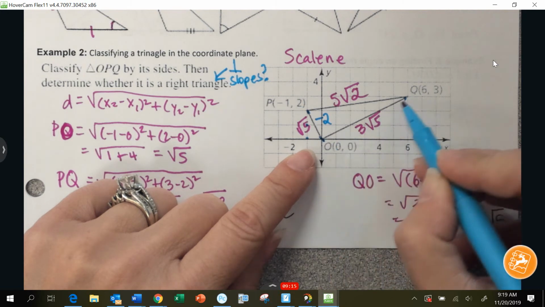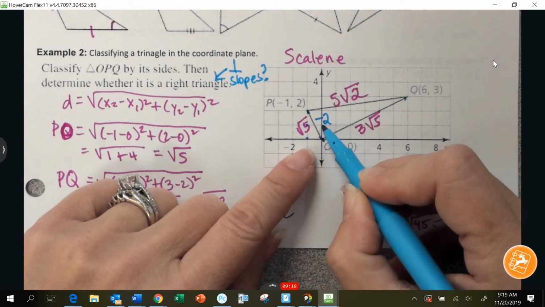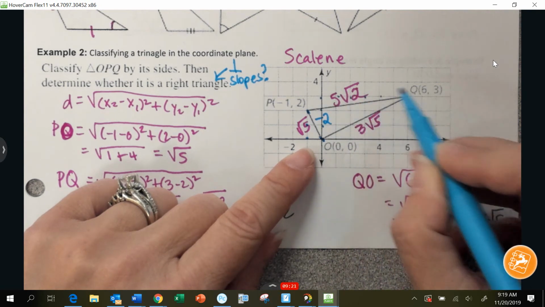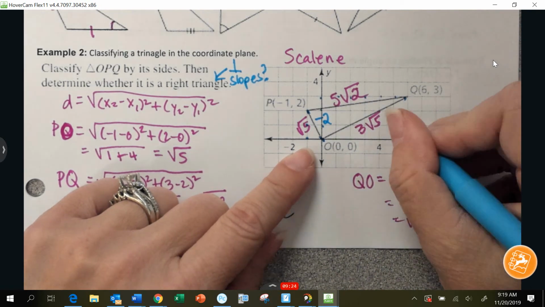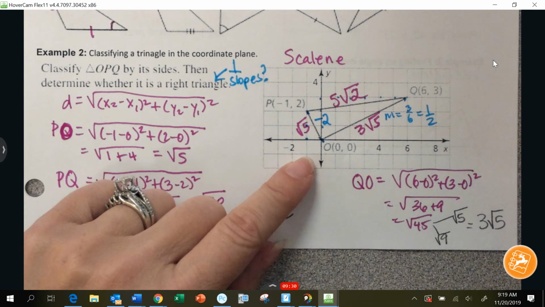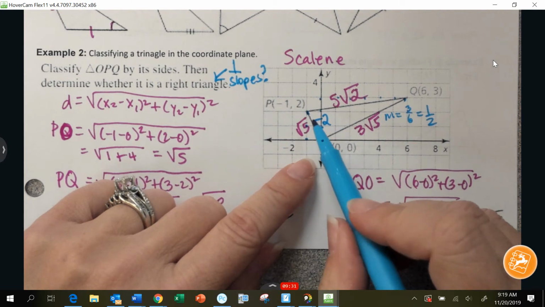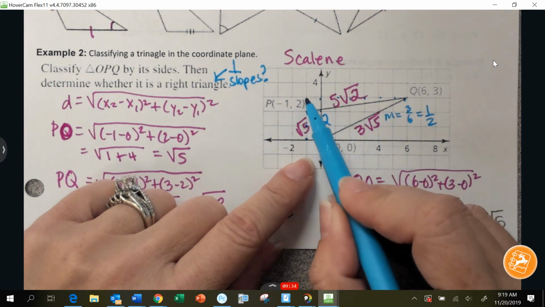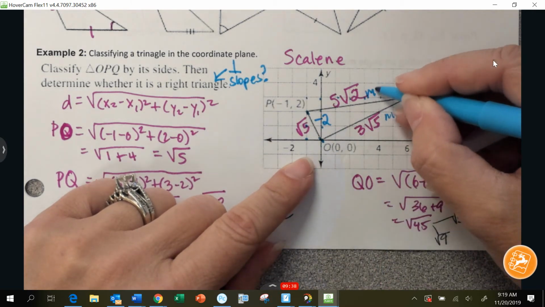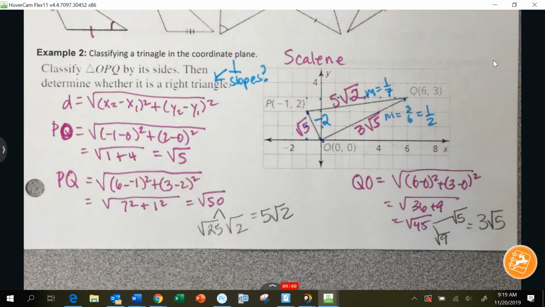Next one, let's do OQ. So it's uphill, so it's going to be positive. We're going to go up 1, 2, 3 over 1, 2, 3, 4, 5, 6. So the slope for that one is 3 over 6, which is a half. And then I will look at P to Q, which goes up 1 over 7. 1/7.